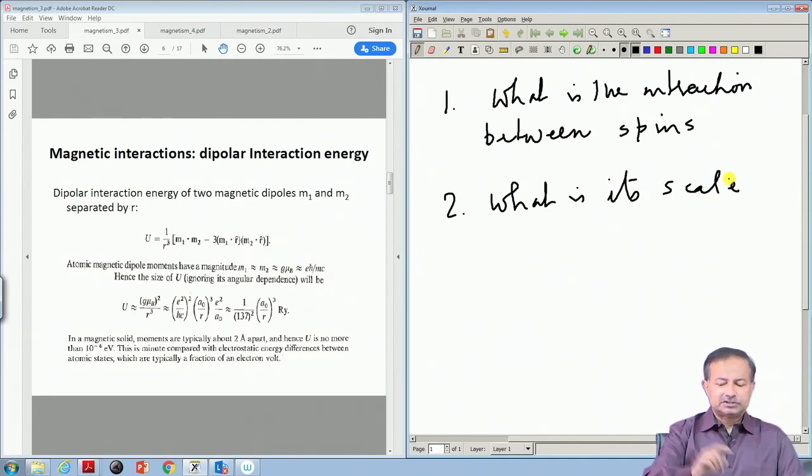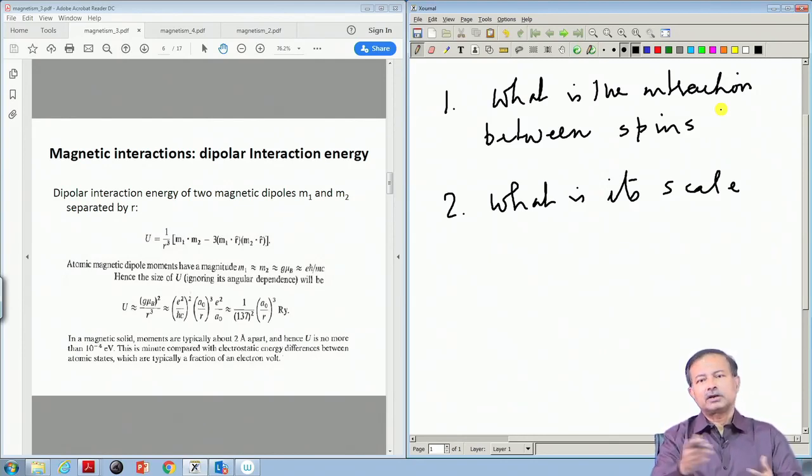Now, in both these questions 1 and 2, we know the answer experimentally, although we do not know the interaction itself, but we know the answer to 1, at least the nature of the ground state. So, we know whether it is a ferromagnet or an antiferromagnet or a ferrimagnet or any other exotic order, any other complicated order. So, that is already given to us by experiment. The second one, of course, is given to us by experiment.